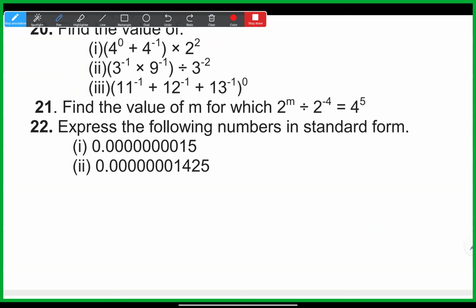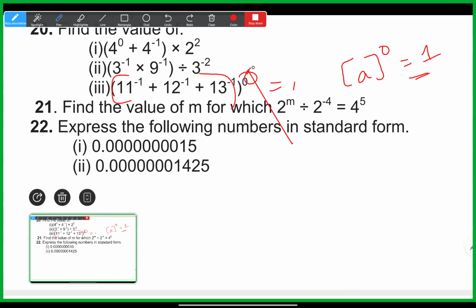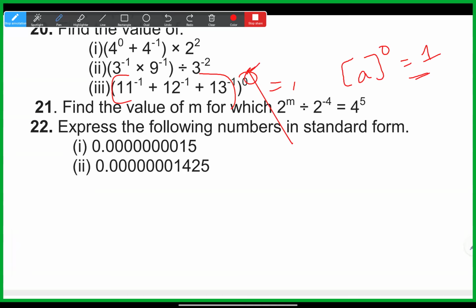Individually, if we solve also, no time waste, because whole power 0 is there. Anything whole power 0, the answer is 1 itself. A power 0 is 1. Shall I delete it, Yeshua? Yes, sir.